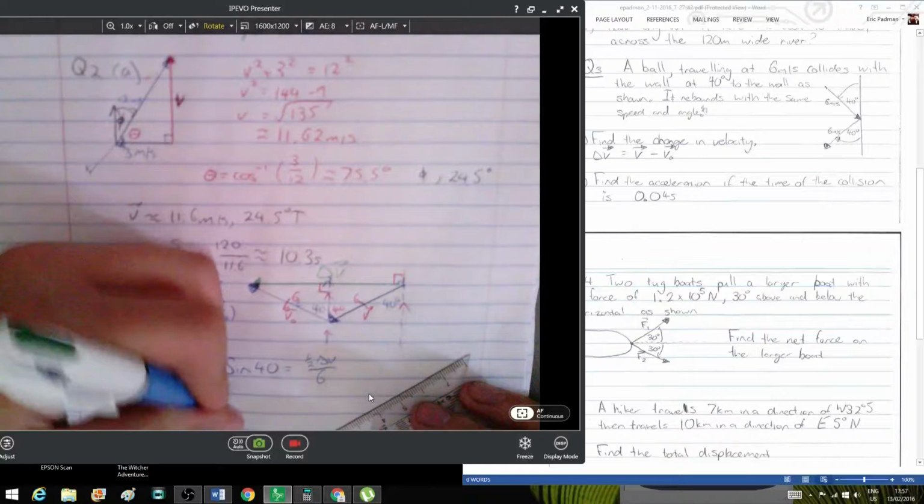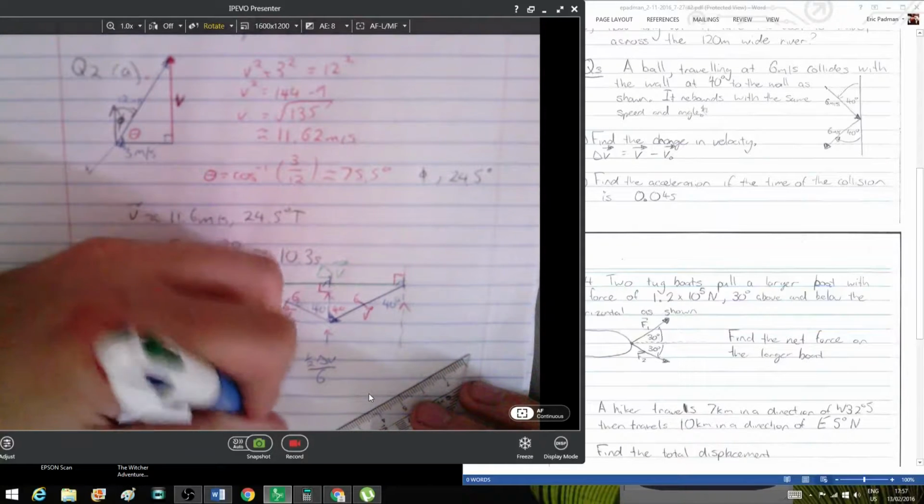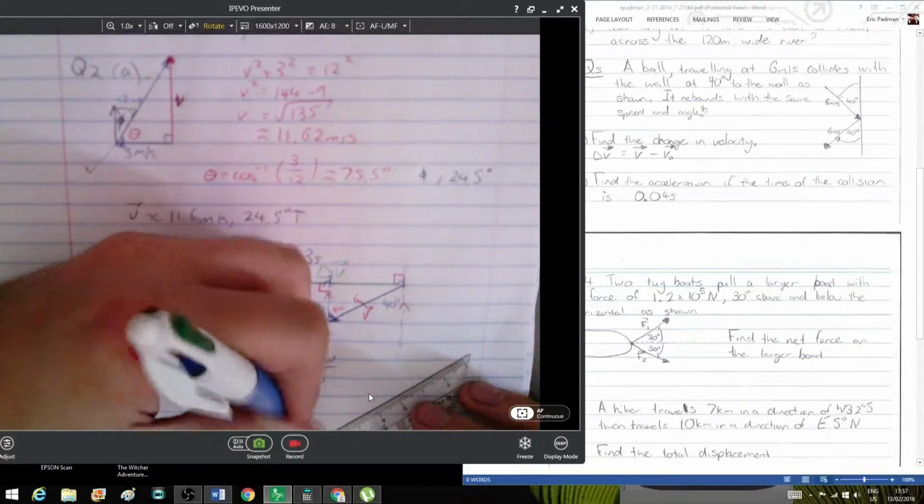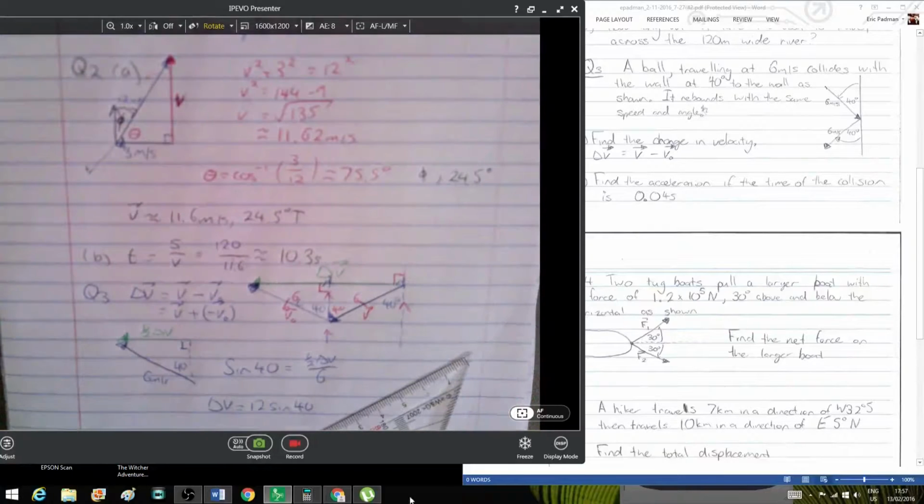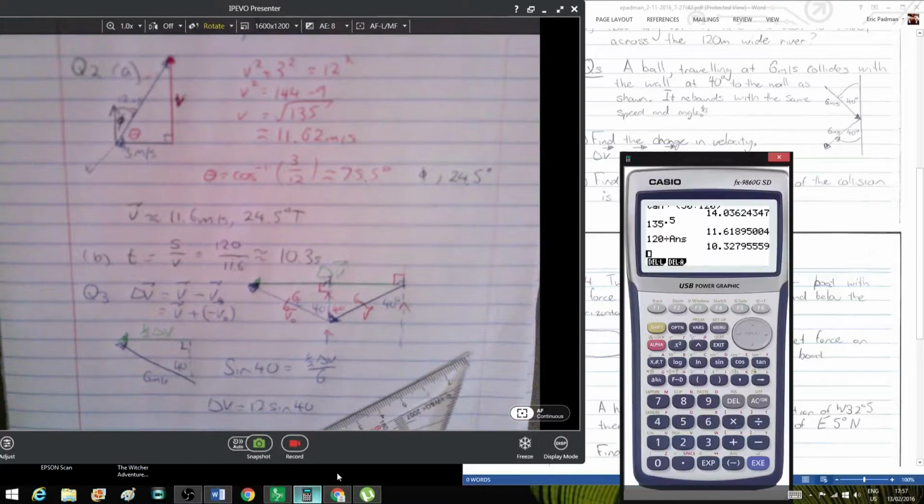Delta V equals 12 sine 40. Work that out. Okay, 7.71.